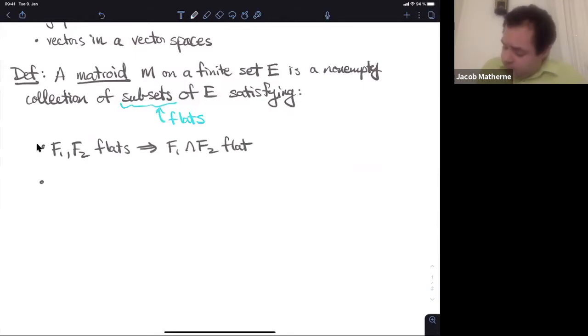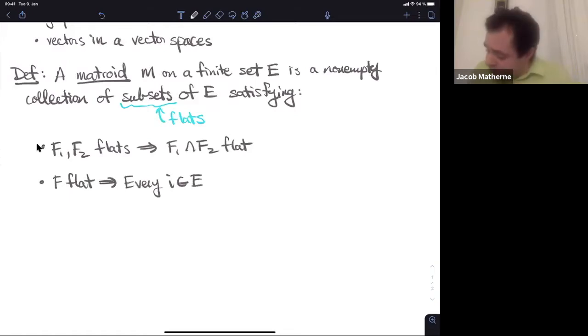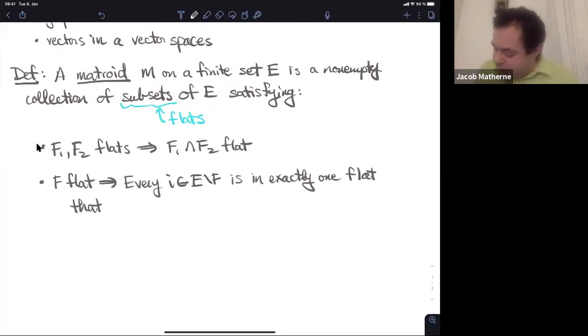And for every flat F, if I take the whole set E, subtract my flat, and pick an element in E minus F, then this element is in exactly one flat that is minimal among flats strictly containing F. And I'll do a bunch of examples because I know this definition is not easy to comprehend at the beginning.